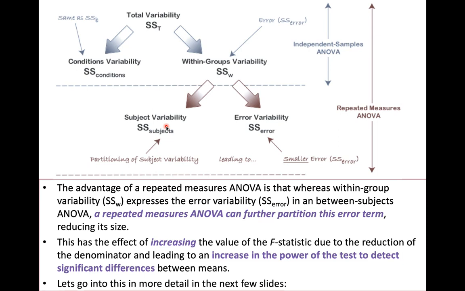So if I can quantify those individual differences and then trash them, I'm left with a more accurate mathematical understanding of my question. And my question is chocolate versus lemon versus caramel, right? That's conditions variability. That's what I care about. And so if I can throw away this unwanted individual subject variability, then I'm better for it.